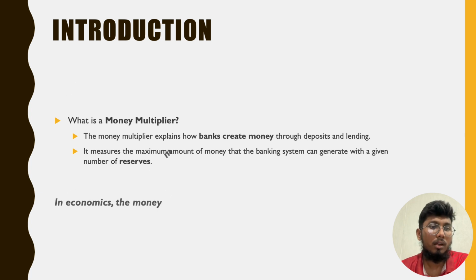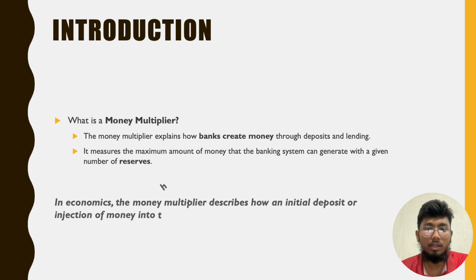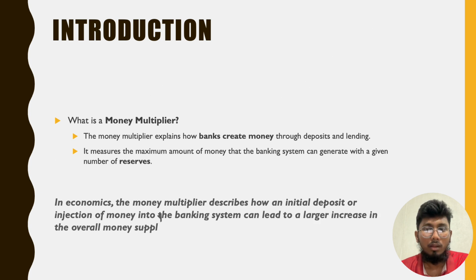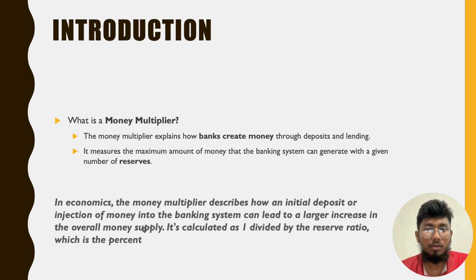In economics, the money multiplier describes how an initial deposit or injection of money into the banking system can lead to a larger increase in the overall money supply. It's calculated as 1 divided by the reserve ratio, which is the percentage of deposits banks are required to hold as reserves.